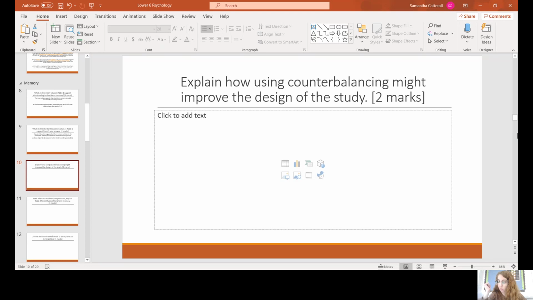fancy. So in this answer, you need to explain how counterbalancing might be used to prevent the problem of order effects, essentially. So you need some kind of explanation of what counterbalancing is, and also the fact that it gets rid of order effects. So let's have a see what we could put.